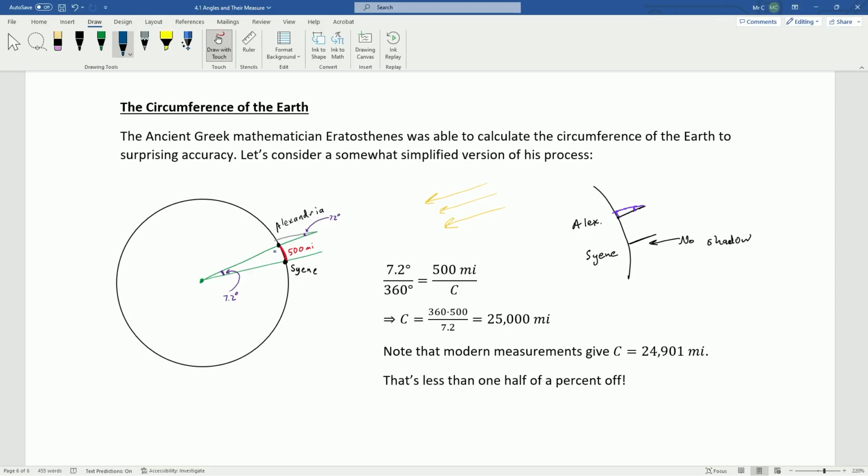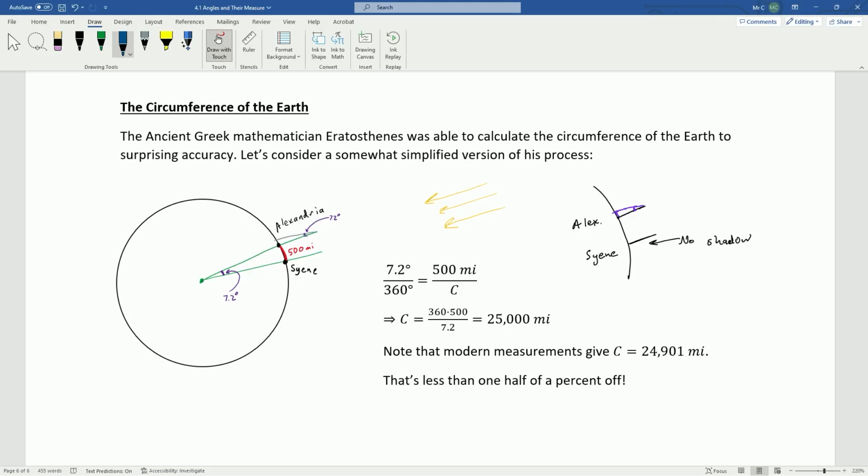Of course, they weren't using miles at the time. We're converting to modern measurements. Now, what he did was, at the same time, at the point at which the sun is highest in the day, so at noon in both cities, they looked at sundials, and they knew that at that time there would be no shadow cast by the sundial in Syene, and the shadow that was cast in Alexandria was 7.2 degrees.